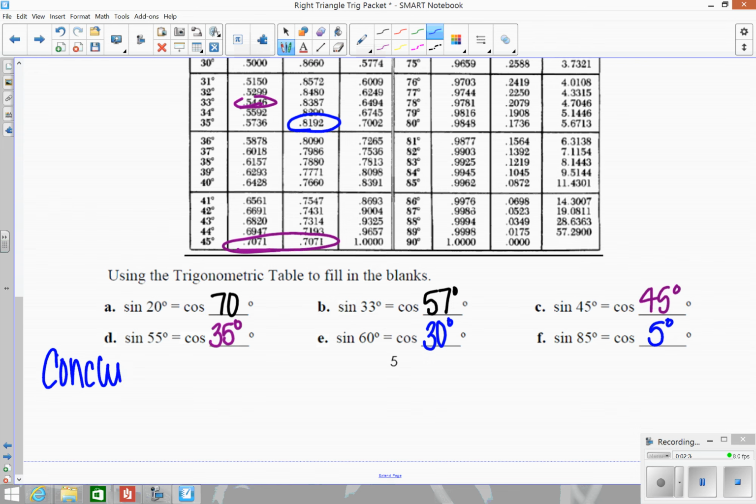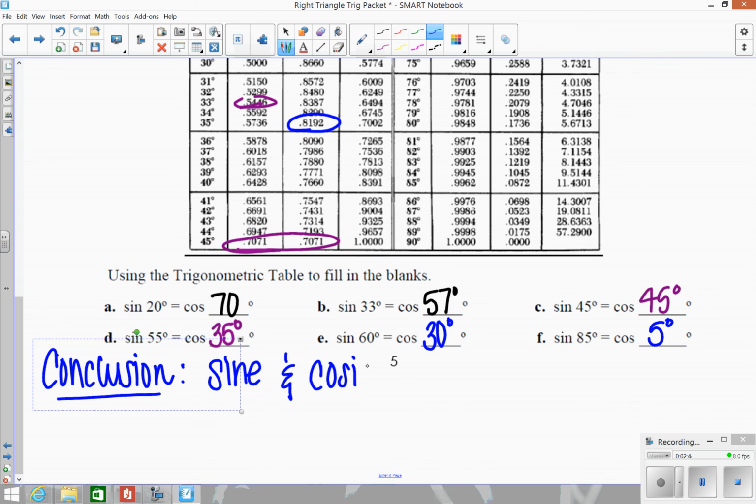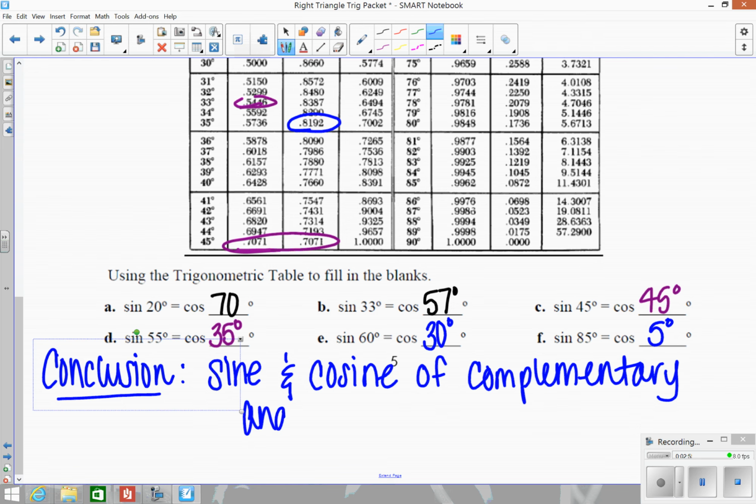So the conclusion that you should have gotten from this first investigation is that sine and cosine of complementary angles are equal.